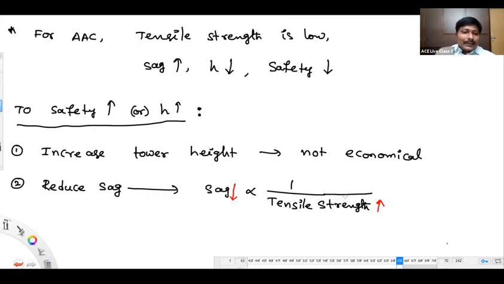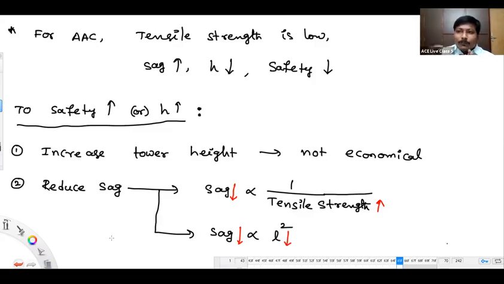The other technique I am saying from the formula. Look here. Sag is directly proportional to span length square. So in order to reduce the sag value, it is suggested to go for lower span lengths. If you reduce the span length, definitely the sag value is going to be reduced.